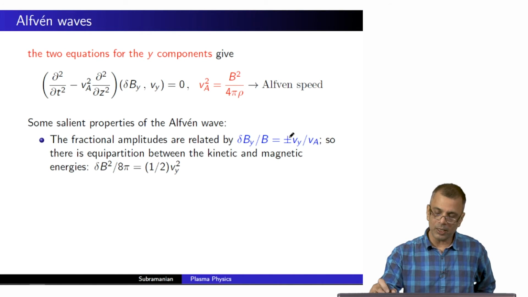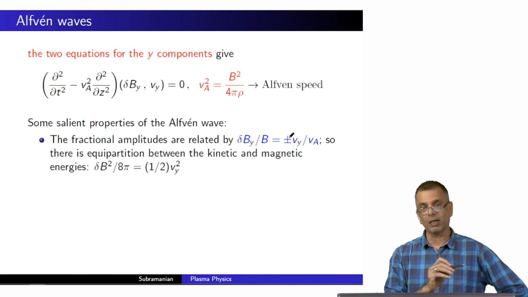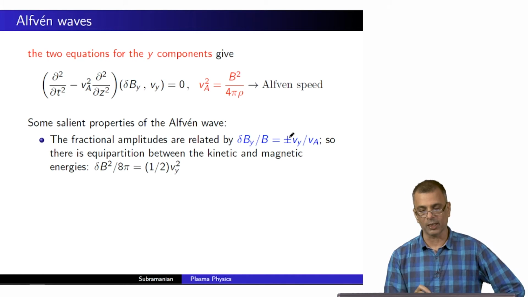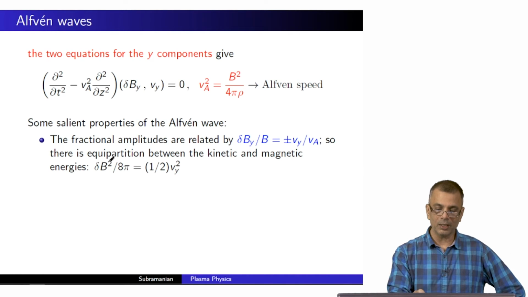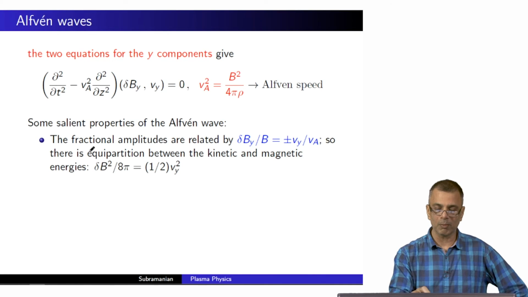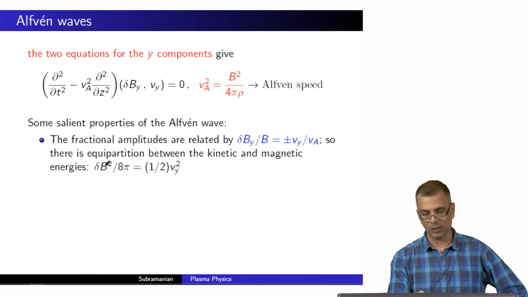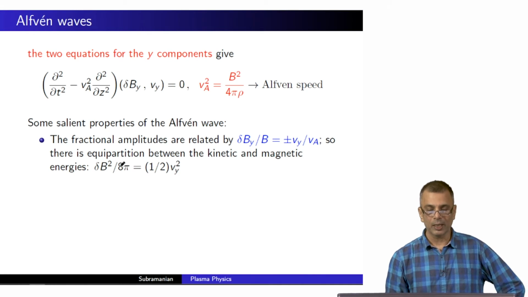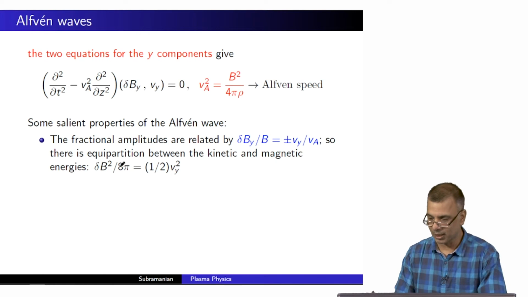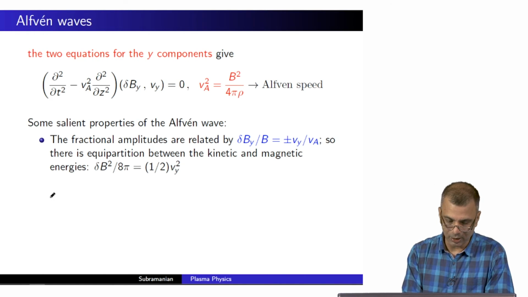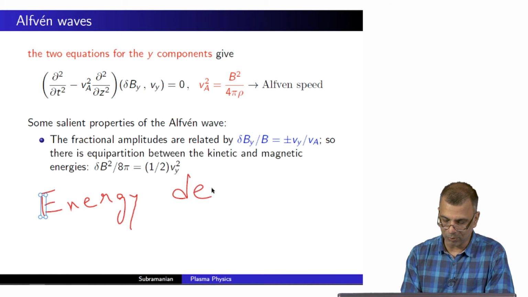And an immediate consequence of this is that there's equipartition between the kinetic and magnetic energies. In other words, the energy in the magnetic field perturbations is delta B squared over 8 pi, and the energy densities, to be precise.